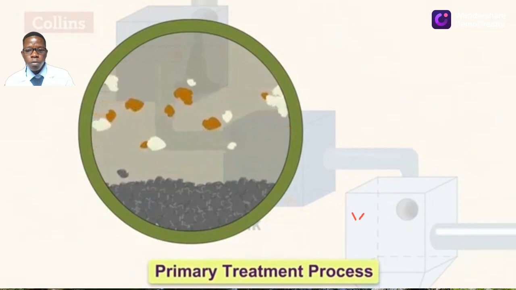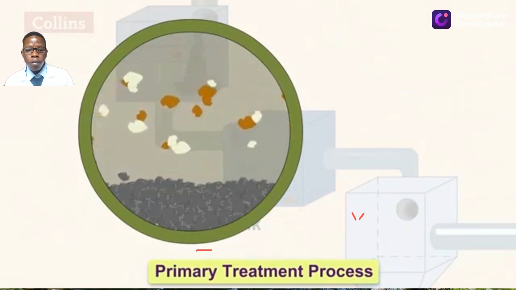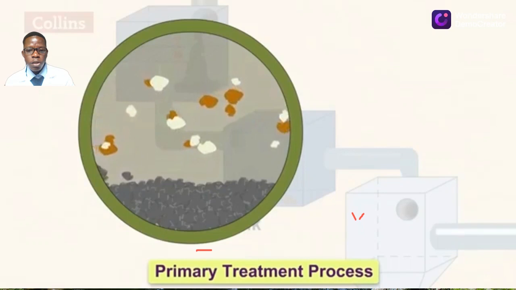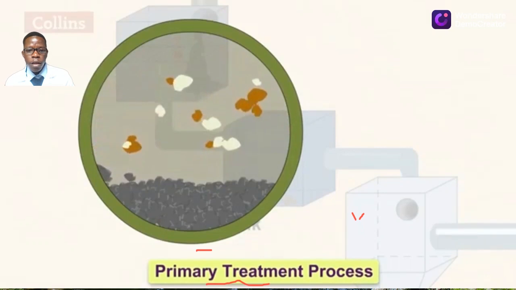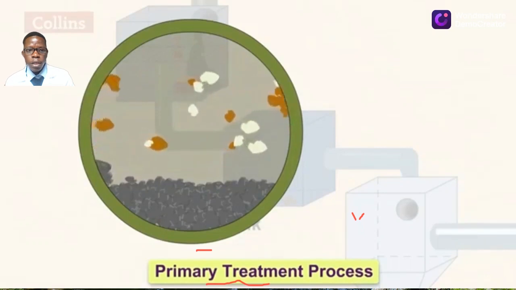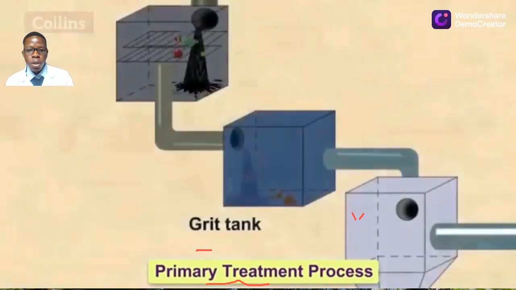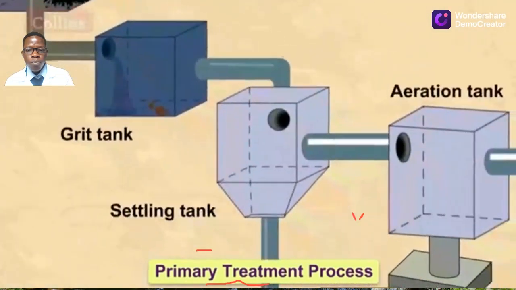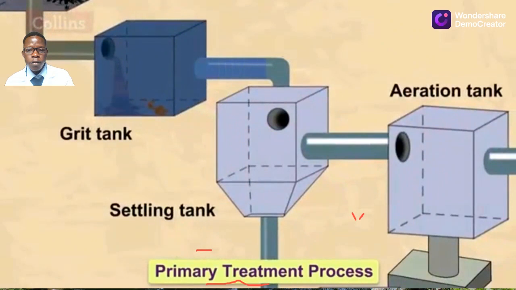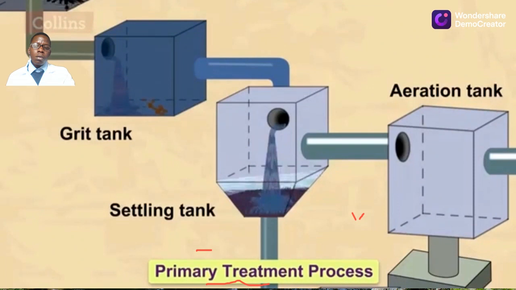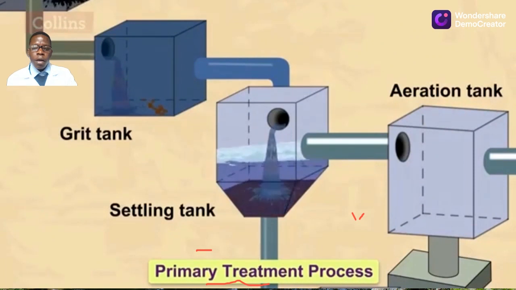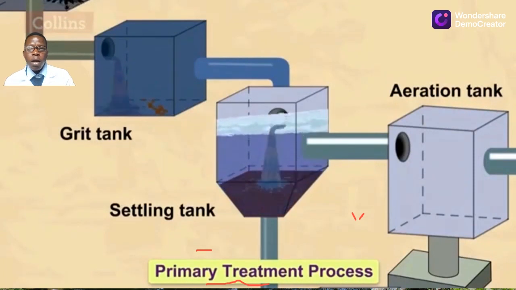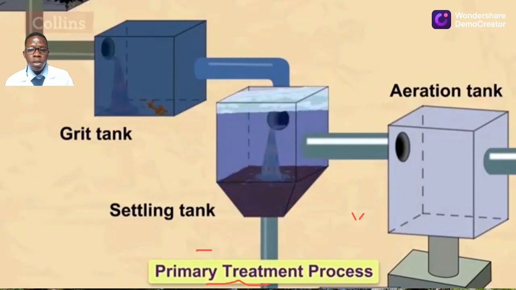So from there, we go to the primary treatment process, which targets the elimination of big or large solid organic particles by allowing the water into the settling tank.